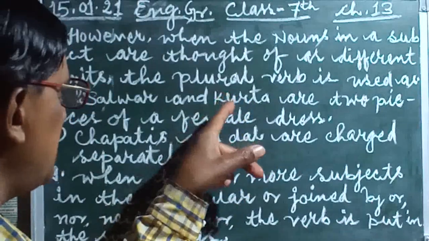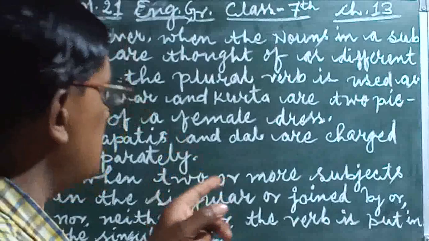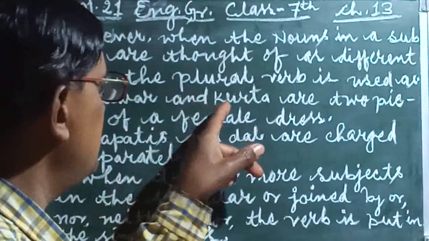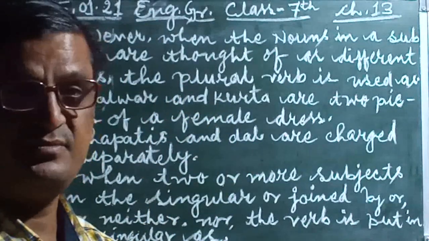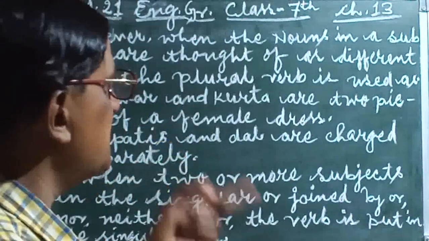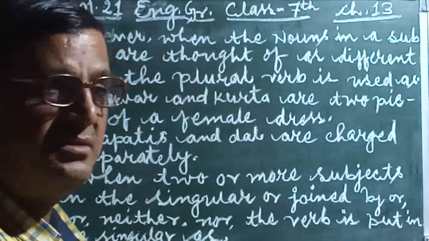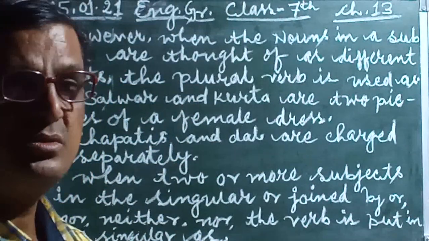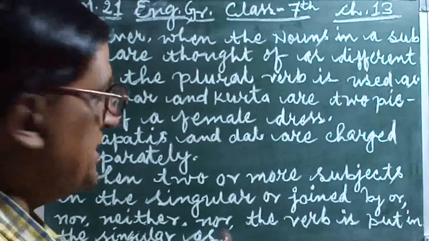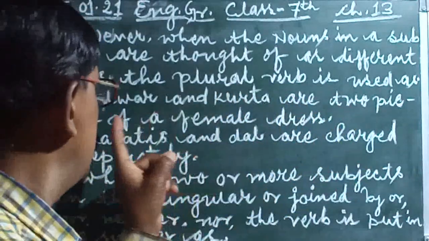These are in singular number, not in plural number, but they have different thoughts, different effect, and they are combined with the joining word 'and', a conjunction. In such a condition, we use a plural verb, not a singular verb.